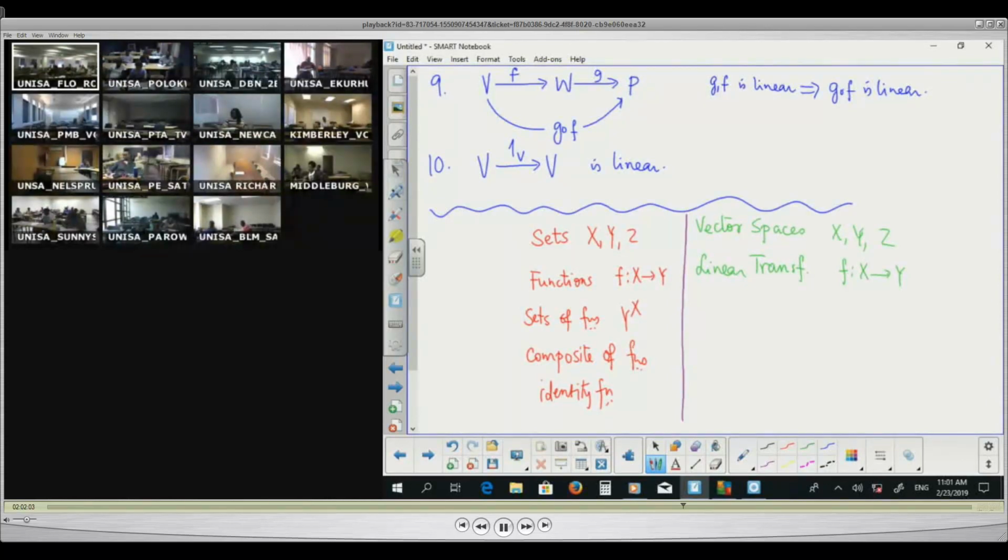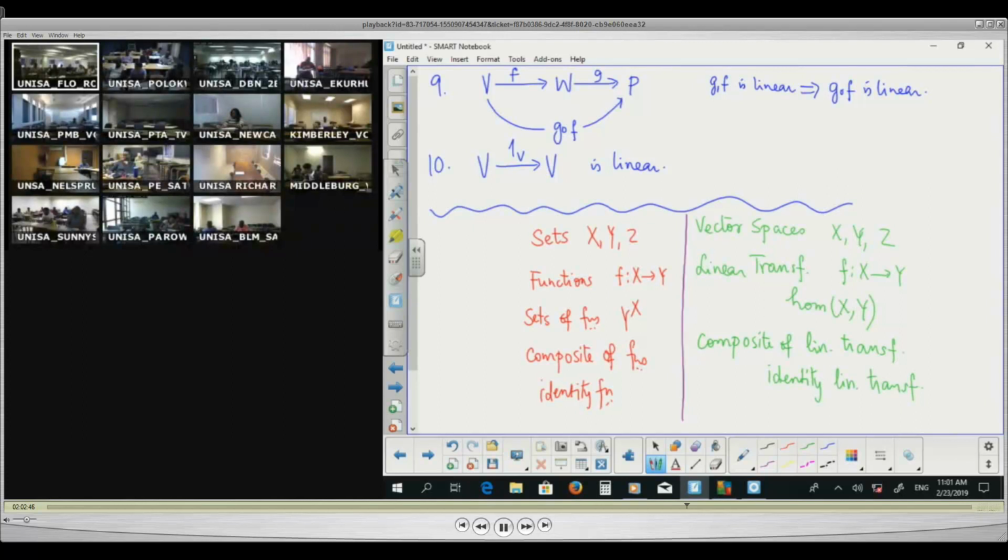Hom sets. Okay? Composites of linear transformations. Then the identity linear transformation. Okay?